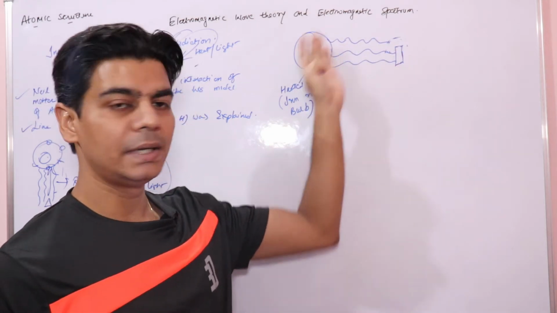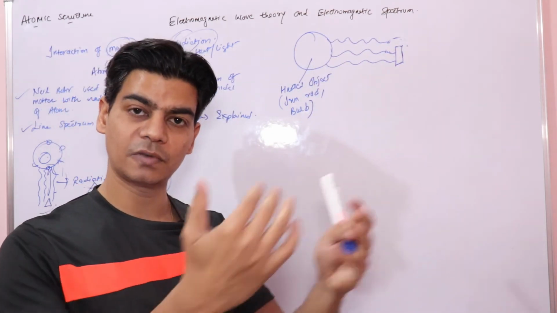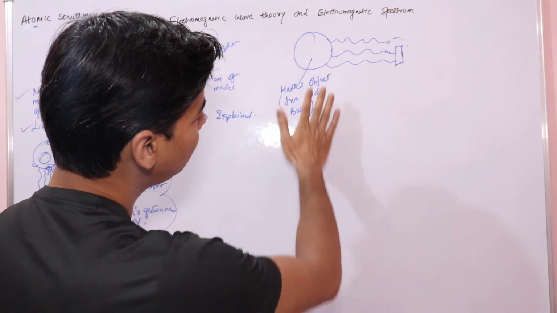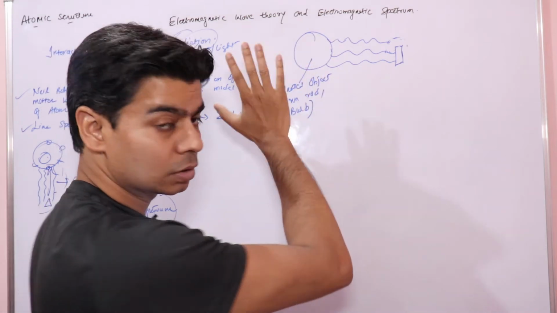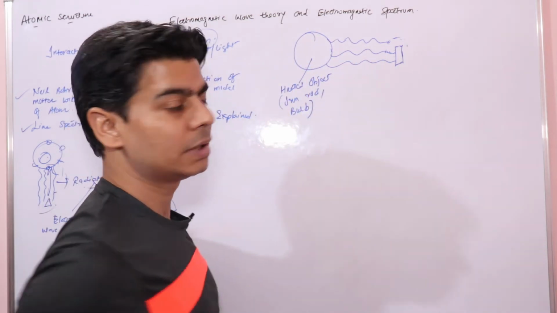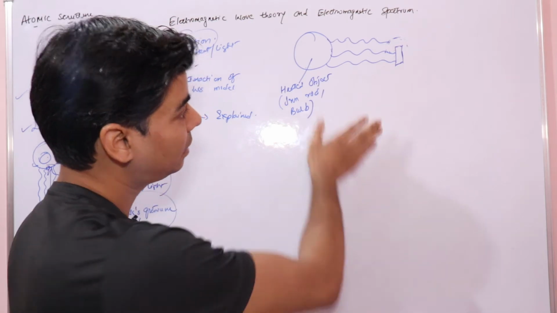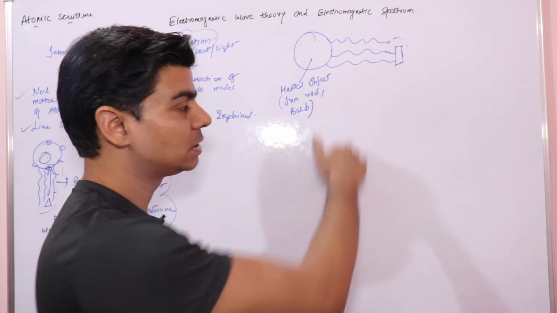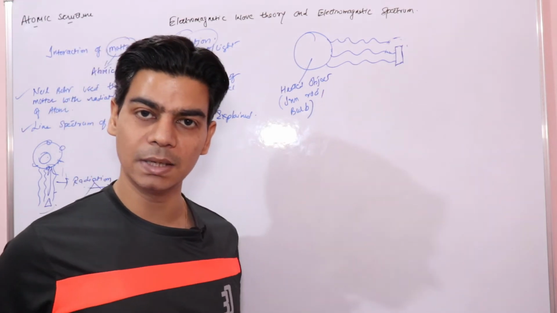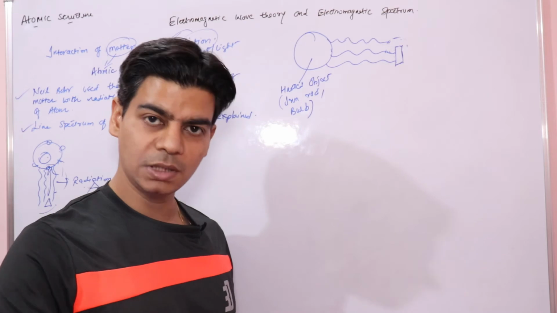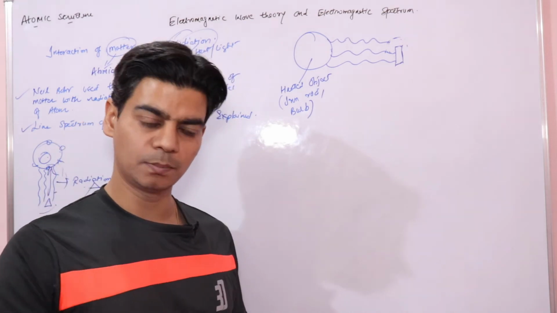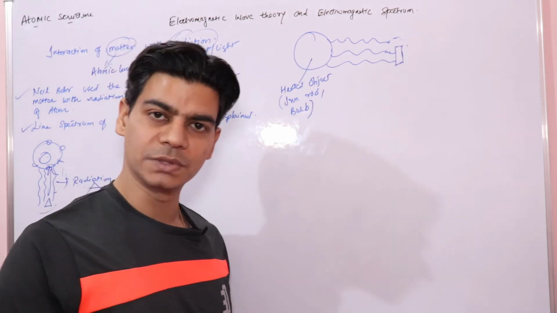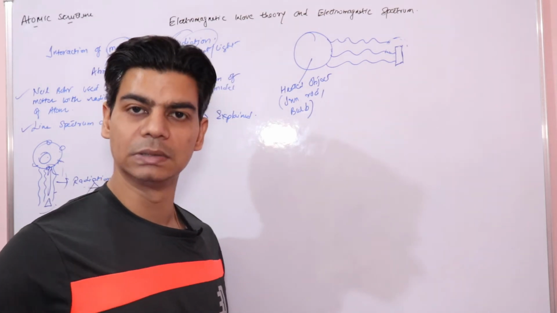It does not require any material medium. Like the energy from the sun can reach us, it does not require any material medium. Similarly, these thermal radiations can reach you without any material medium, and they can travel with the speed of light. These are two important things. If you throw a stone in a pond of water, you will see the waves generated in concentric circles.